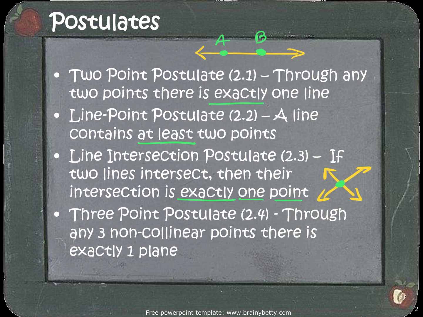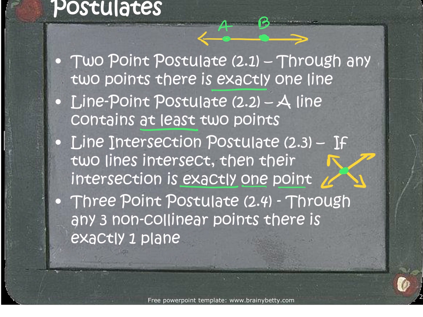The next one is called the 3-point postulate. And this one states that through any 3 non-collinear points, there is exactly one plane. So this is how you name a plane, by putting the word plane and then list 3 non-collinear points. So again, if I draw my plane here, and then I add in some points.